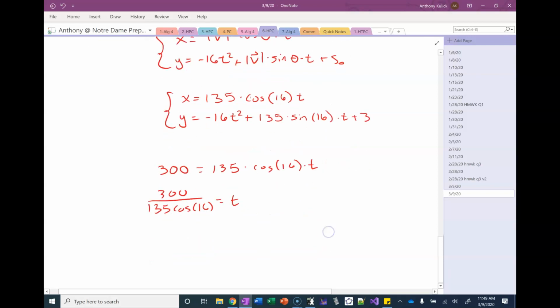And then once I have that value for t, I can plug it into my y equation to solve for the height of the ball.